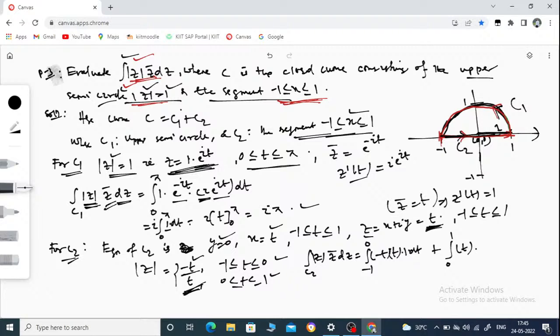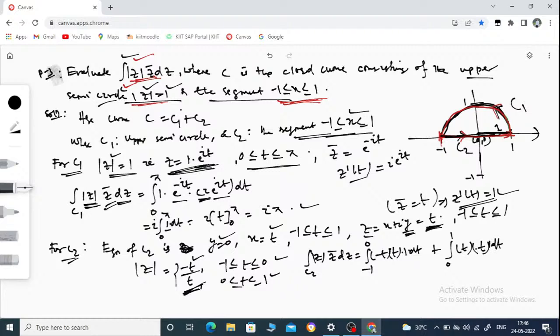Z bar means the conjugate of z, so this will be t because its imaginary part is 0 here, and z dash t is 1, so this is 1, then dt.